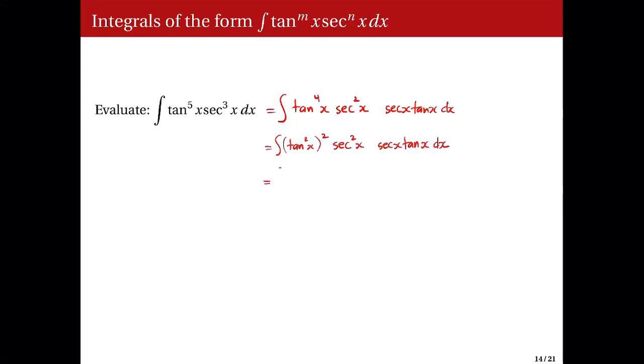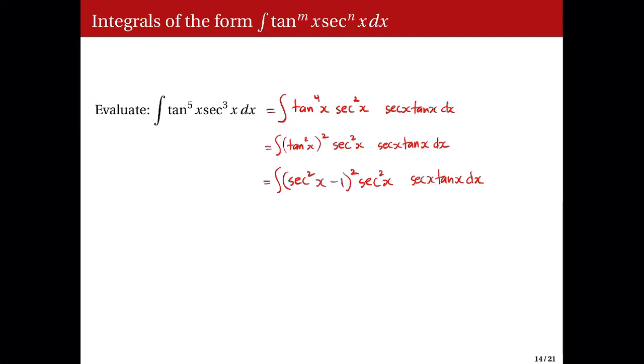And then for tangent squared, this time we will use the identity. Tangent squared x is equal to secant squared x minus 1. Then you have that quantity squared, and then you have secant squared x, and you still have the secant x tangent x dx. Now everything is in secant except for this tangent here, and we have saved the factor secant x tangent x.